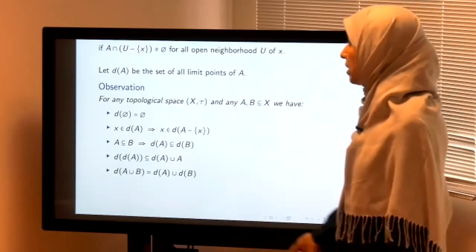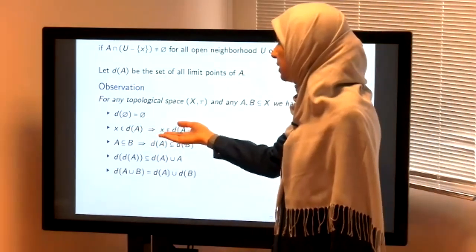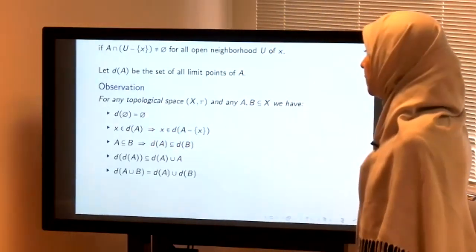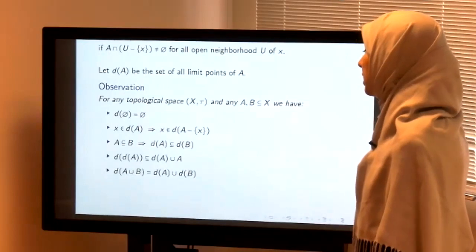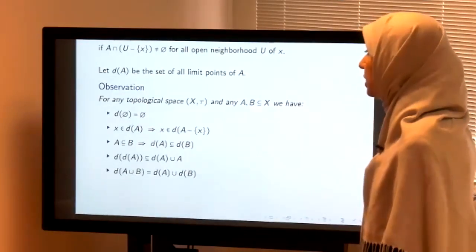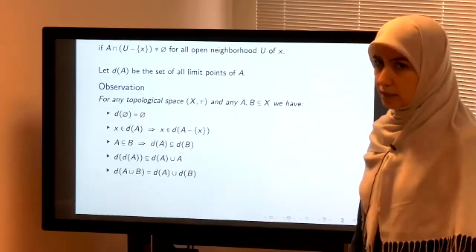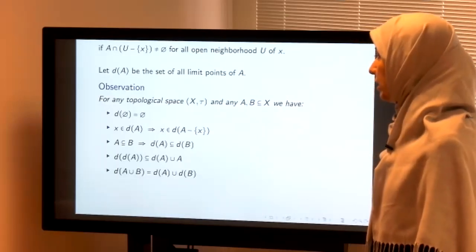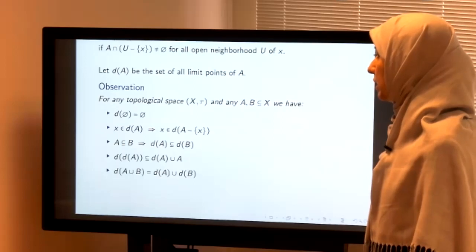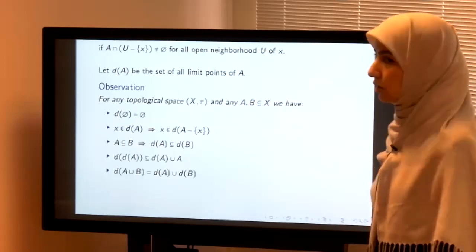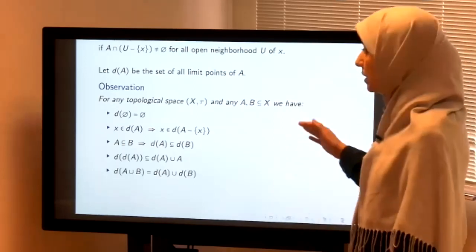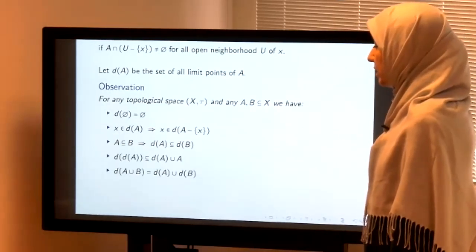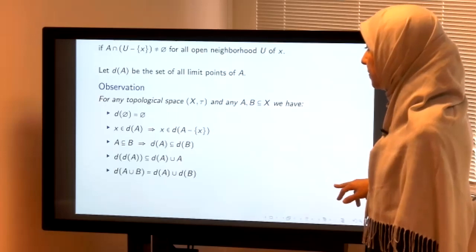If A is a subset of B, then D of A is a subset of D of B. D of D of A is a subset of D of A union A, and D of A union B is equal to D of A union D of B. You can prove it easily. I leave it as an exercise to you.